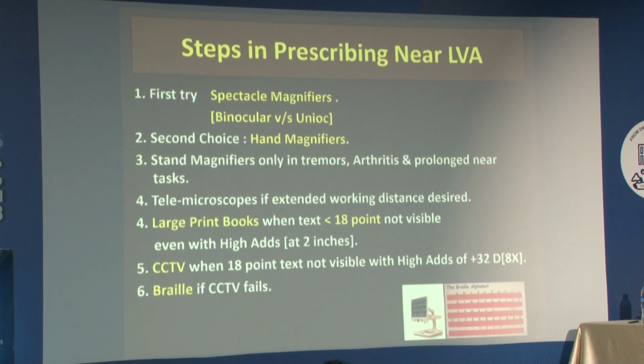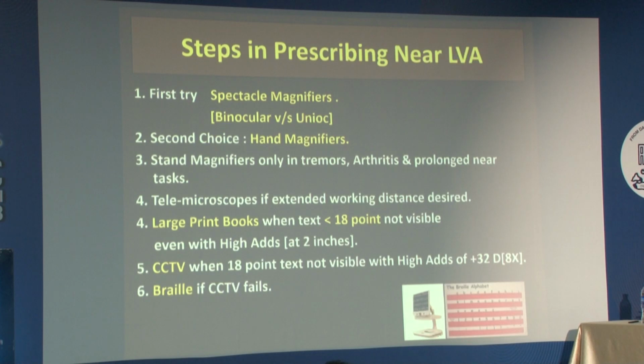Telemicroscopes are given to those patients who require extended working distances, like school kids. They need to read and they need to write, so they have to hold a pen. So their distance from the textbook or the copybook should be larger. So that is the reason why you provide telemicroscopes to them. Then normally young children read large print books in school, and large print books are 18 point in font size.